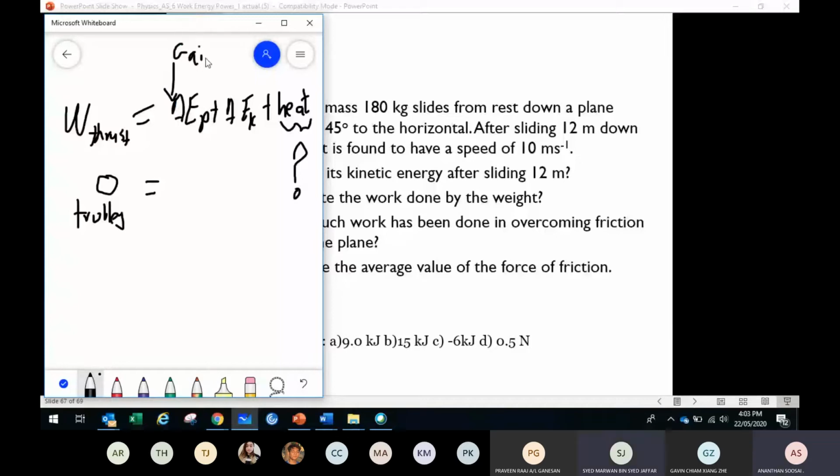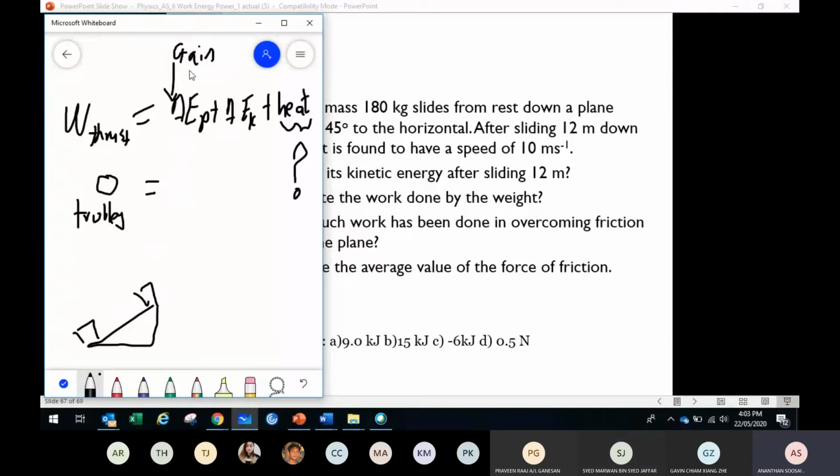The trolley is sliding down, going from up. The gain in EP, positive or negative? We found here 9 kilojoules. So do you put positive 9 or negative 9? This is important. A small mistake in the sign, all gone. Do you gain EP or lose EP when you go down? Lose.